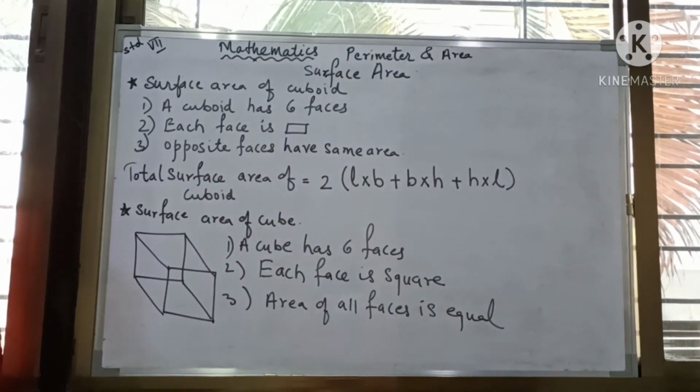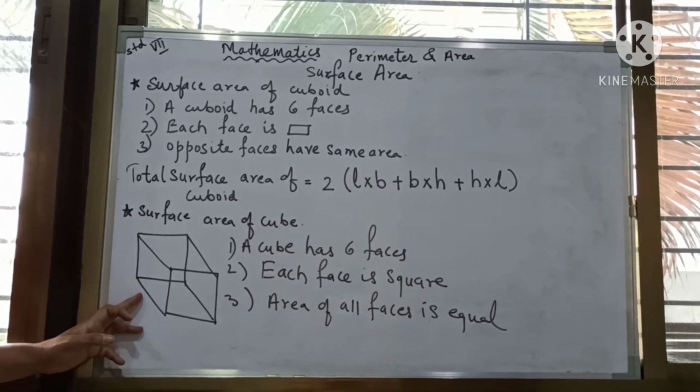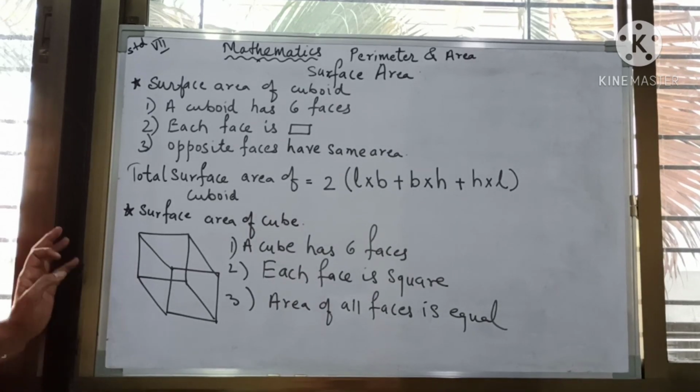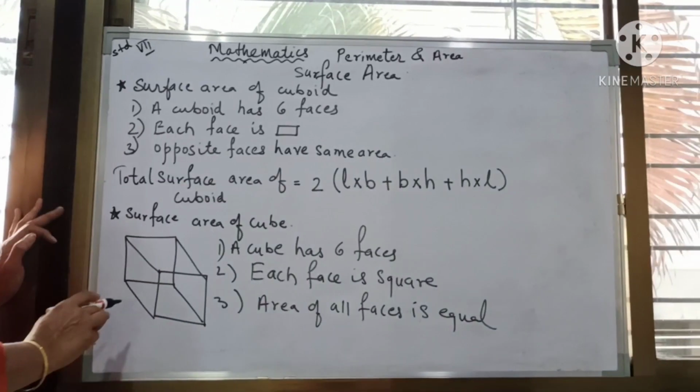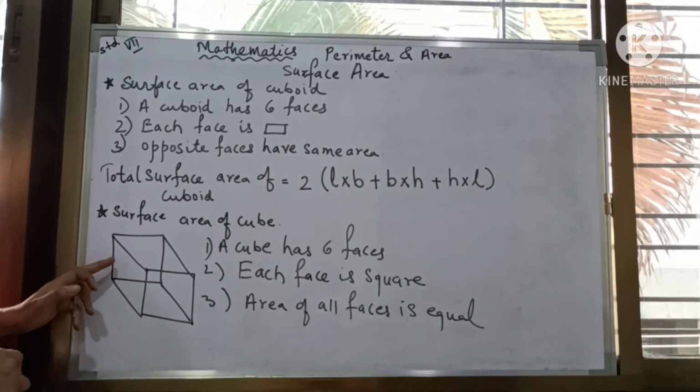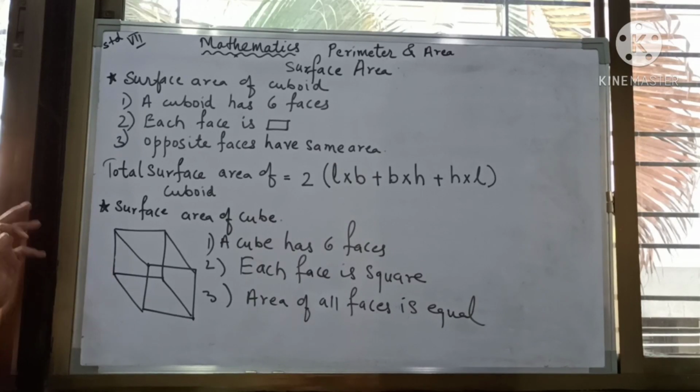Now you play with the dice, that is also a cube, and here you can observe this is a cube, and this cube has 6 total faces and each face is a square, and you have learned the area of a square.